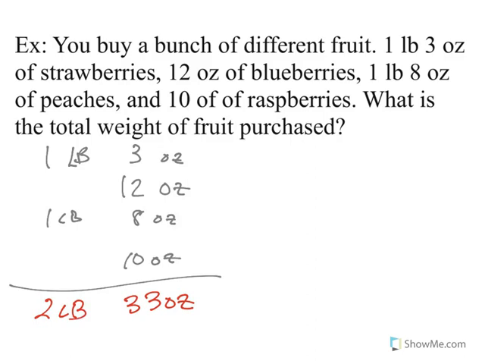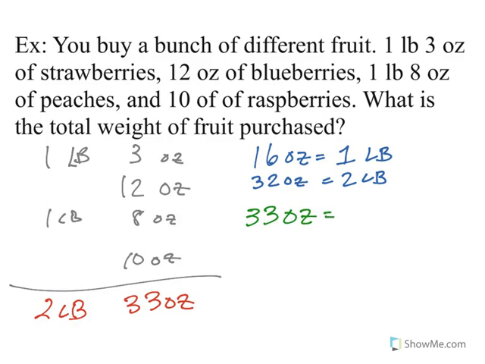Now, this doesn't really work, 2 pounds, 33 ounces, because we know, hopefully, that 16 ounces equals 1 pound. That means 32 ounces, I'm just doubling it, 32 ounces is 2 pounds. So I can say if I have 33 ounces, that is the same as 2 pounds, 1 ounce.